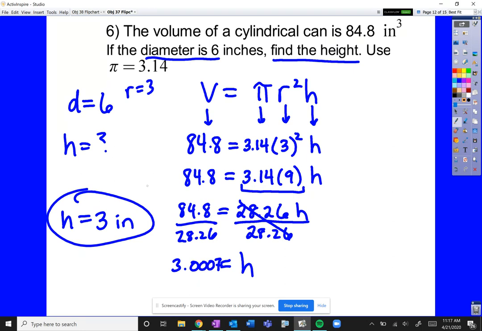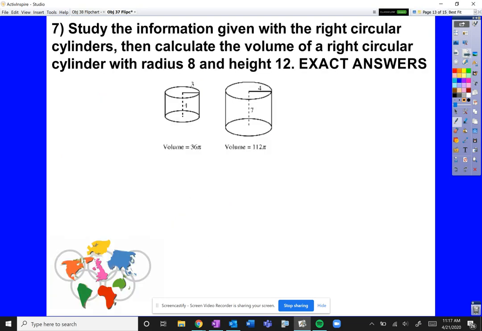All right, so we're using the formula working a little different for us. All right, let's just see these last two problems. There is some pattern here, but we don't really need to use the pattern so much. Let's just find the volume. It's asking us to study the information, then calculate the volume of a circular cylinder with a radius of 8 and a height of 12.